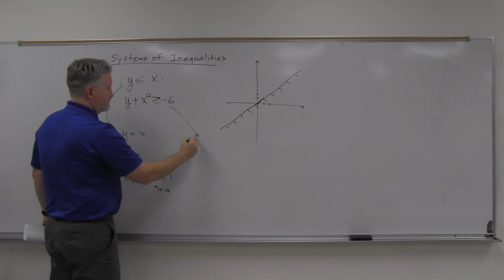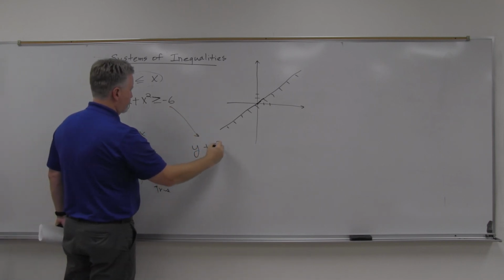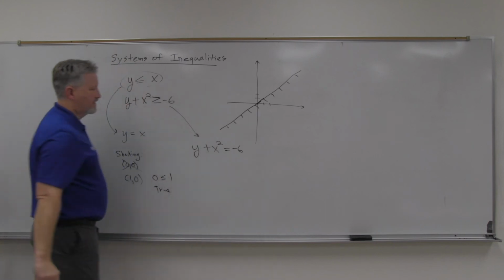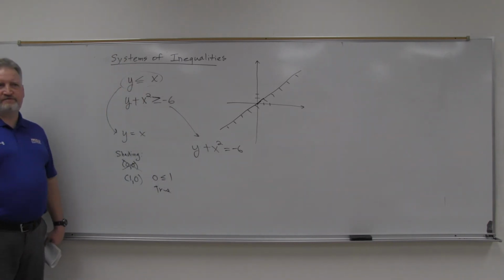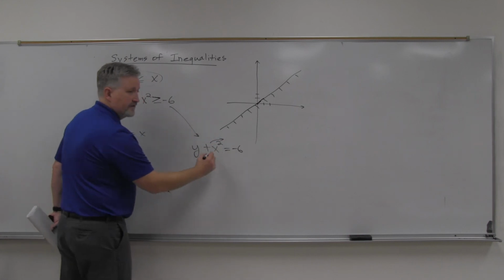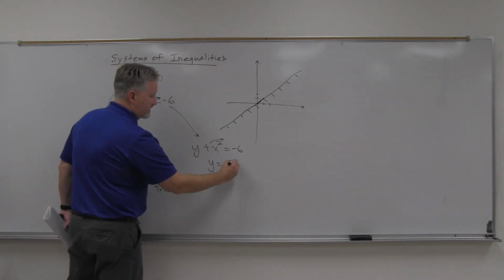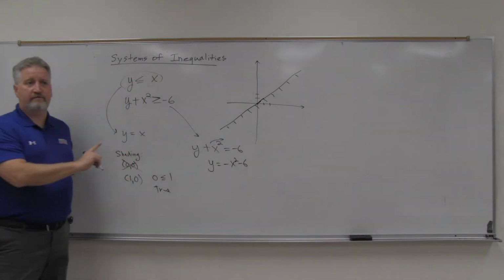Now what about this second one? Well, we've got y plus x squared equals -6 would be the thing to graph. What would I probably do there to help me out? Move that over, make it y equals -x squared minus 6, subtract the x squared.